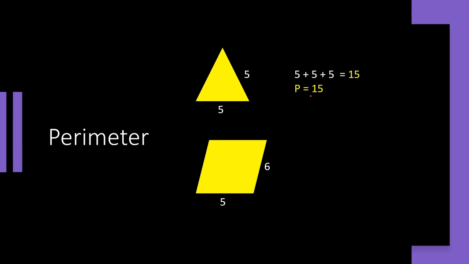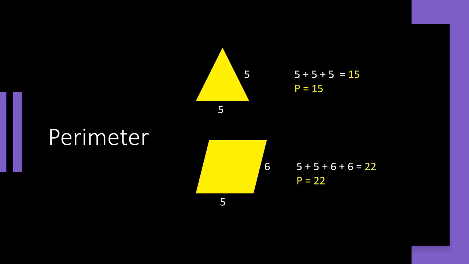Okay, let us look at one more shape right here. Now I have a parallelogram. In this parallelogram, notice that this side is 5. So therefore, this side right here must be 5. This side is 6. And therefore, this side right here should also be 6. And that is the case with the parallelogram because these two sides are equal and these two sides right here are equal. So I'm going to add all these sides to calculate the perimeter for this parallelogram.